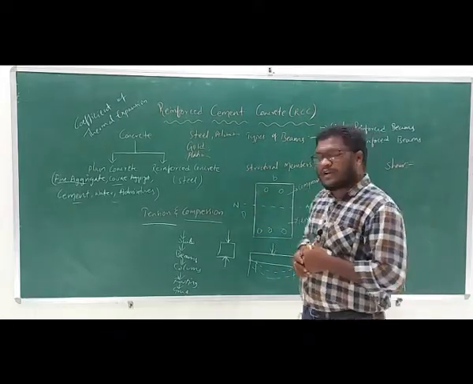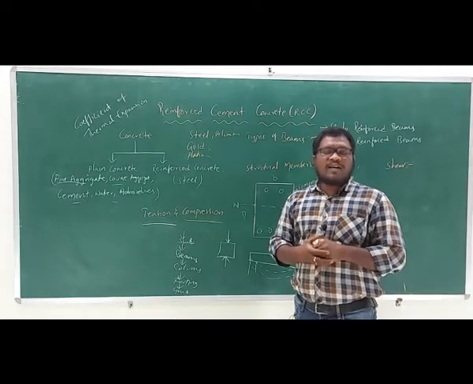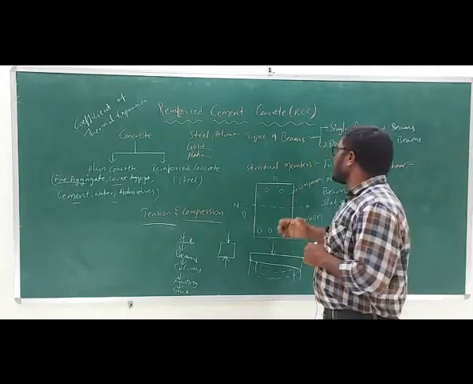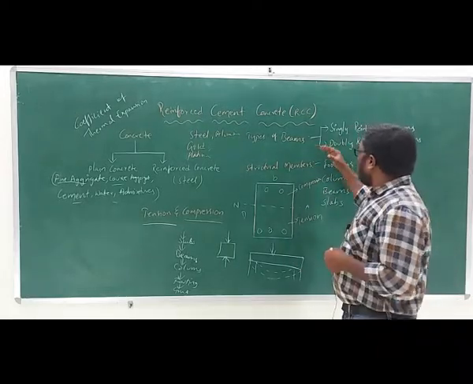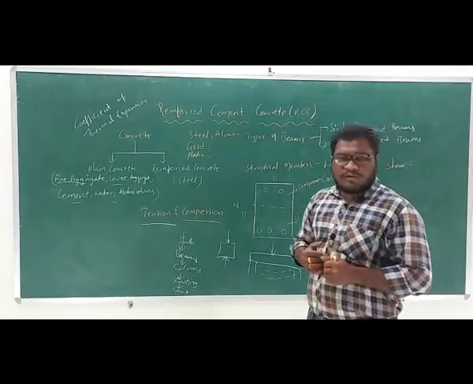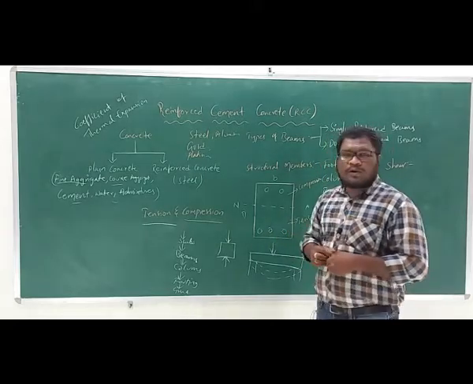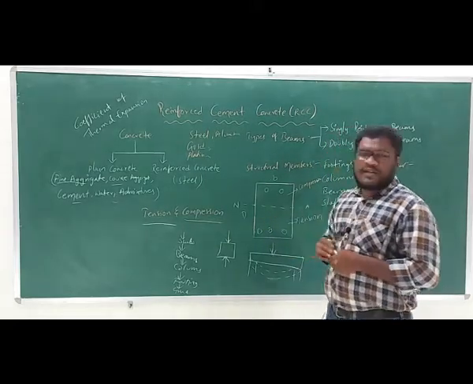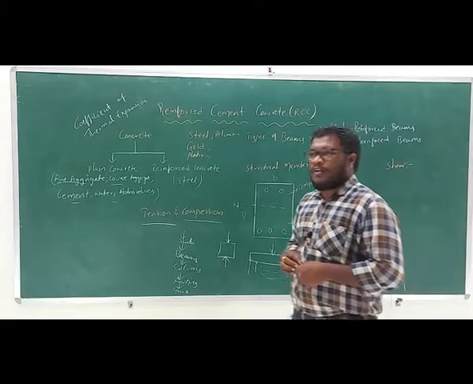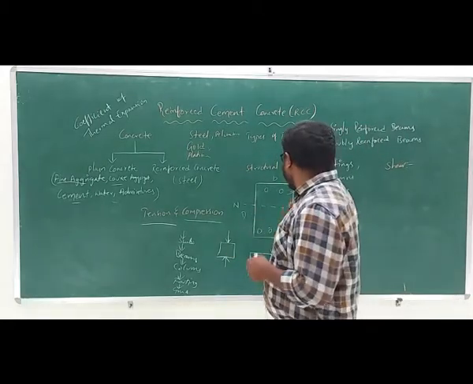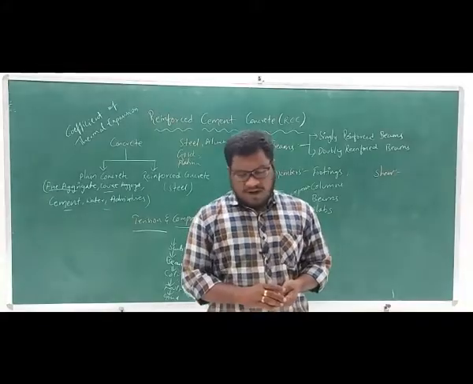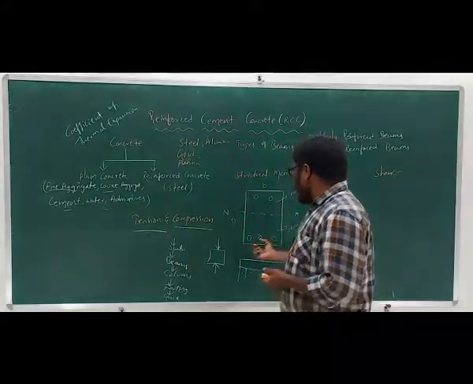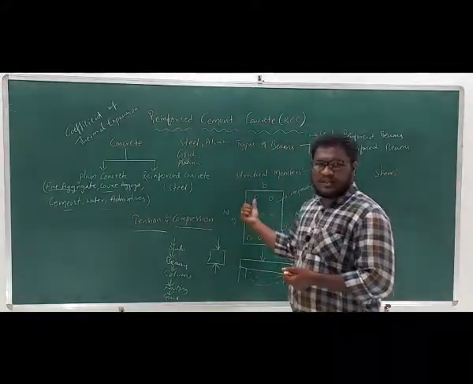If the reinforcement is provided in the tension member as well as in the compression member, then it is called a doubly reinforced beam. Once again, when we provide reinforcement only in the tension member, it is called a singly reinforced beam. When we provide it in the compression member as well, it is called a doubly reinforced beam, and we provide the reinforcement in the tension members as well as in the compression members.